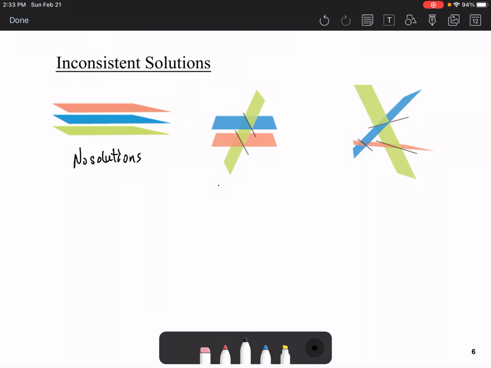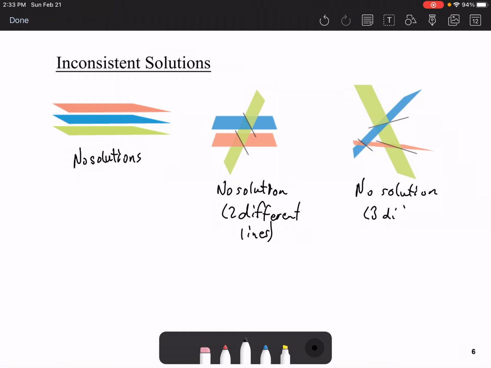This we consider as no solutions because it's not the same line. Two different lines. And the third instance, again, we consider no solution because you have three different lines.